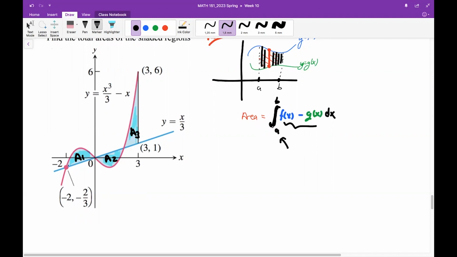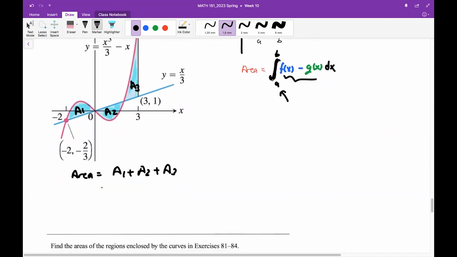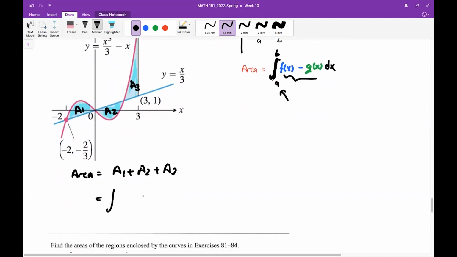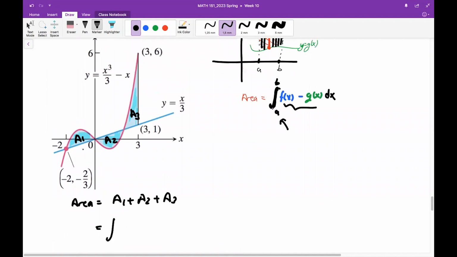Why? Because the bigger and the smaller curves are switching over these three intervals. That's why to compute the total area, which is A1, A2, A3, we need to construct three different definite integrals here, okay?